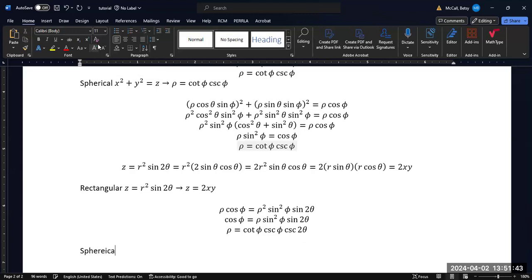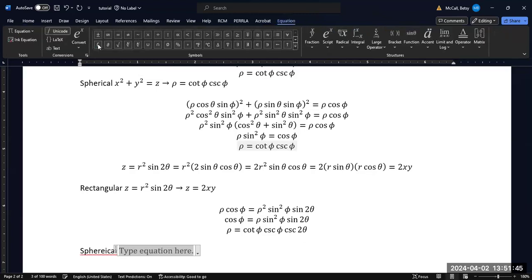And so in spherical, z equals r squared sine 2 theta becomes this.